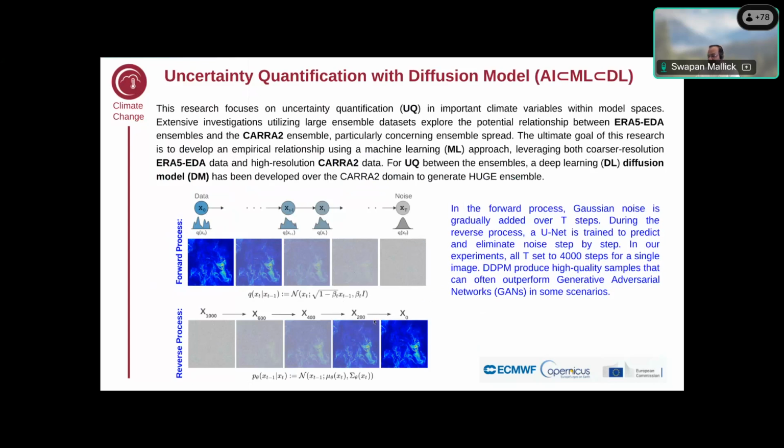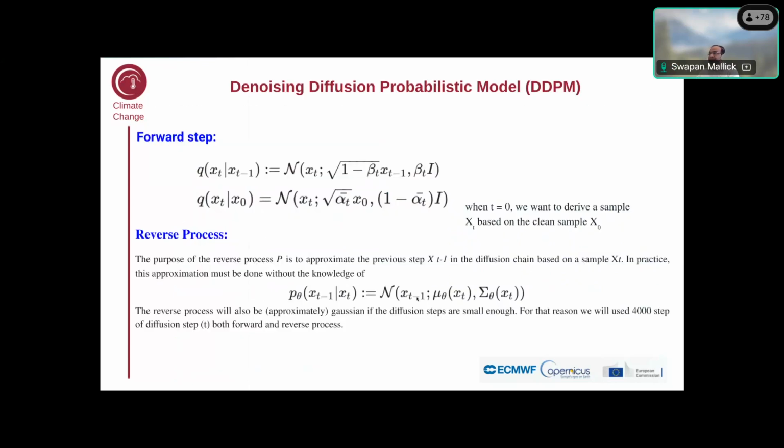It's a very expensive process, and in our system we use a total of 4,000 noise steps, and UNet is the main brain of the diffusion model, so we use the UNet structure for that.